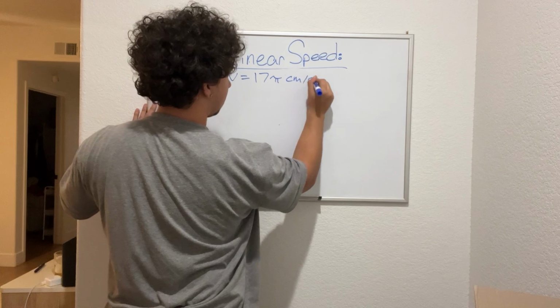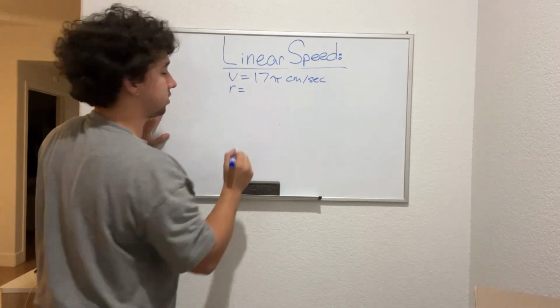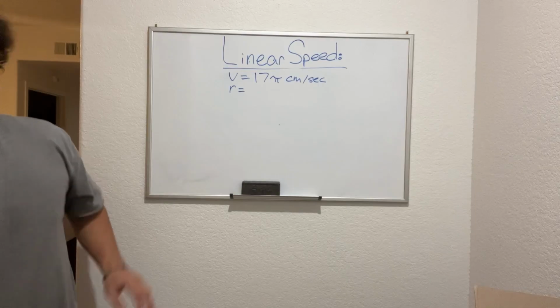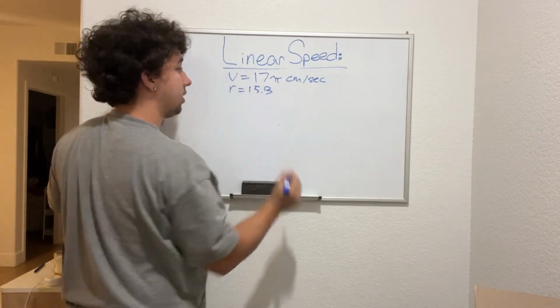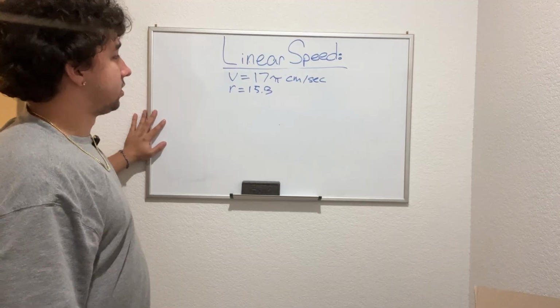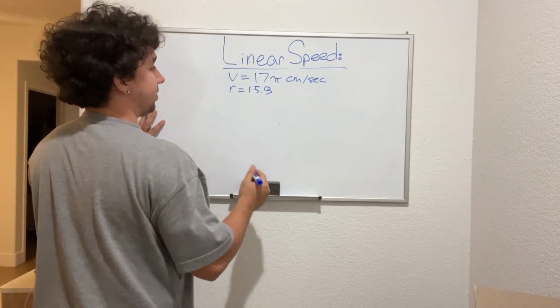centimeters per second. The other thing that they give us is radius. So the radius is equal to 15.3 centimeters. And we're asked to find the angular speed. Well, in this case, I'm just going to plug everything into that equation I've been doing.